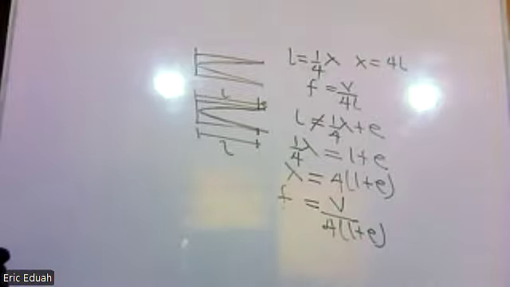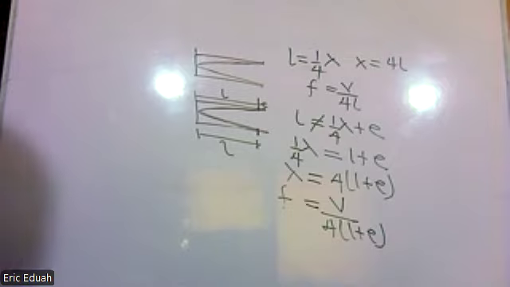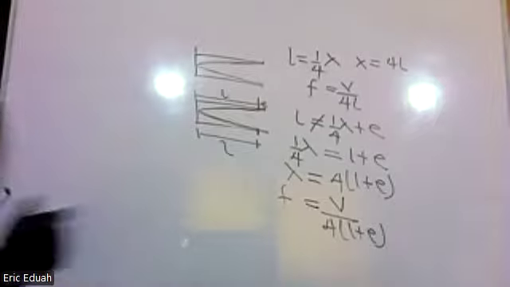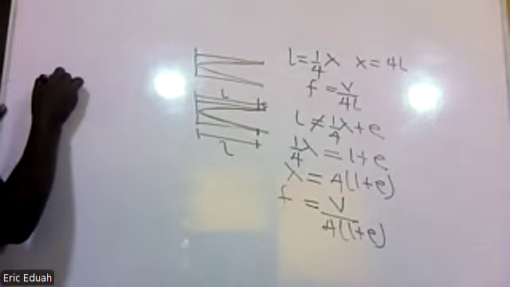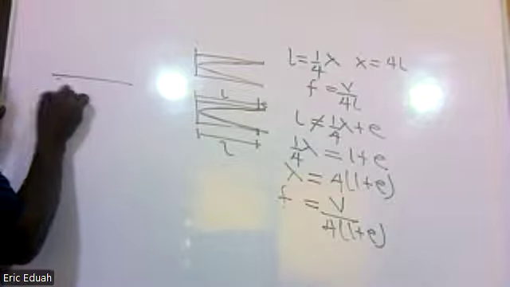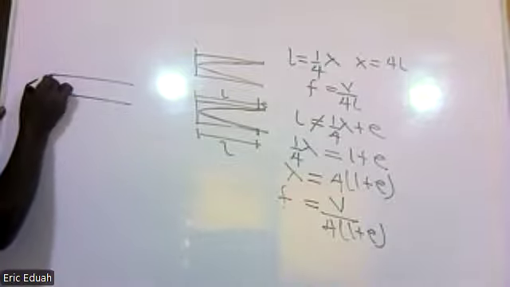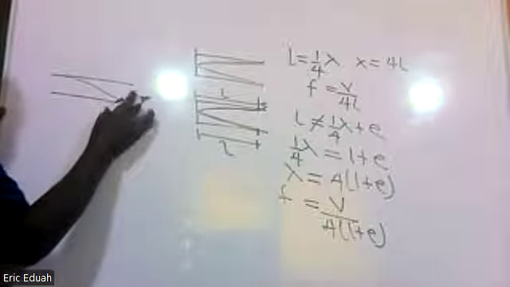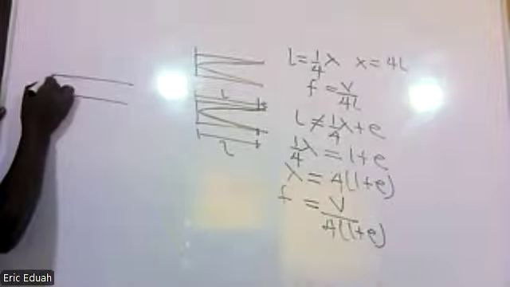Let's look at how it will change the harmonics for a tube open at both ends. So for a tube open at both ends, without end correction, we have this.